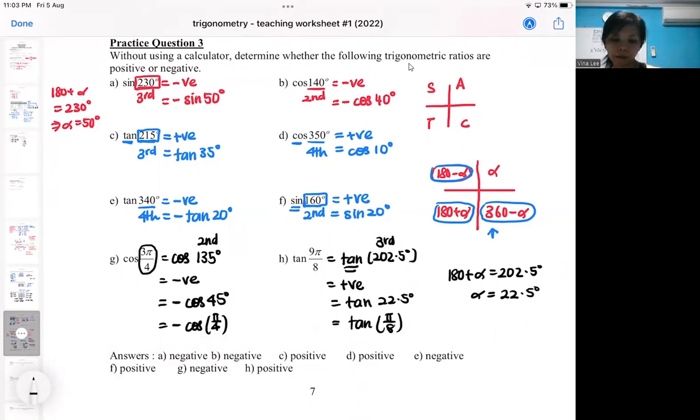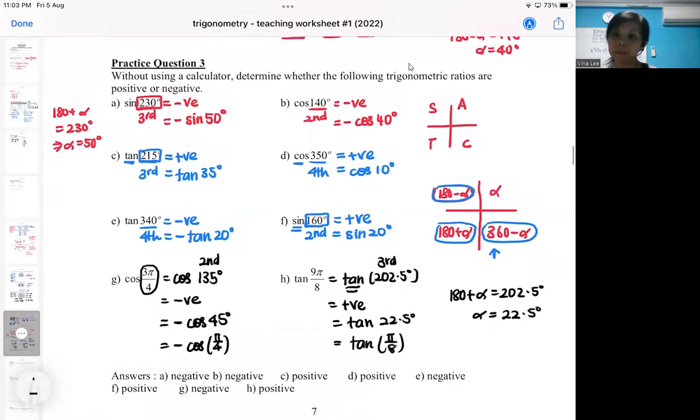So there will be practice questions later, I think two practice questions that illustrate this. You have to practice your ASTC, you have to practice your basic angle and marry them together. Every angle will have its respective basic angle, so you can use the formula to get the basic angle, or you can draw. Up to you.